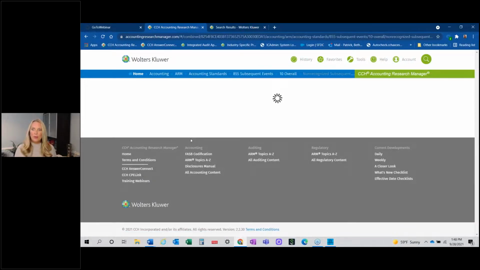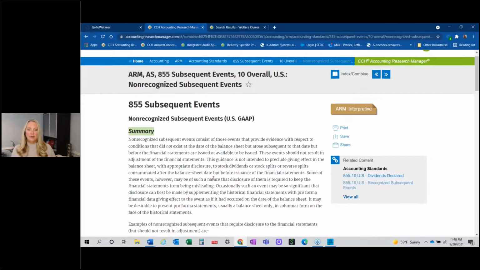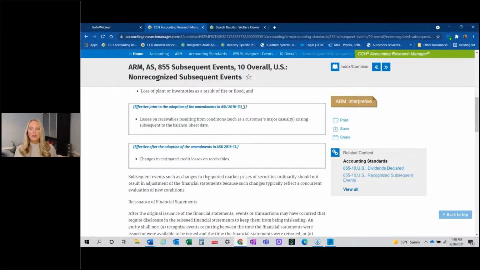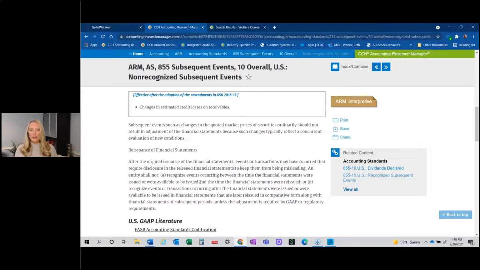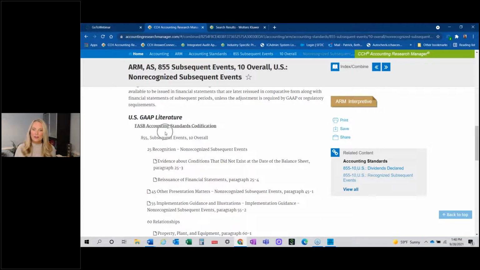Our professional services group wants to get all the information for you, but we first want to start with a summary. If you read through this, it's a lot of what Lynn was saying. This did not exist at the date of the balance sheet. You're reading through that, and we're seeing some examples. After the summary, our group will link you into the codification.